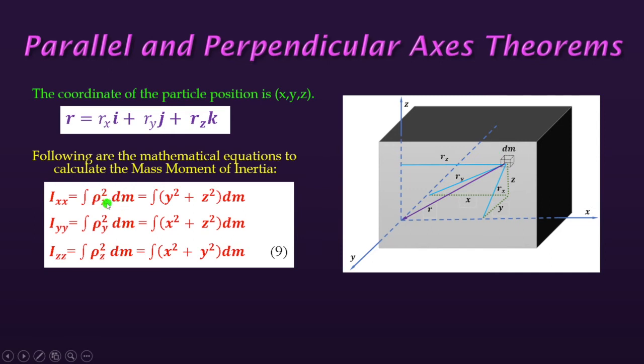So Ix is r square x dm, Iy is r square y dm, Iz is r square z dm, where r square x means y square plus z square. This is the rx, that is the vector component. So rx square equals y square plus z square.